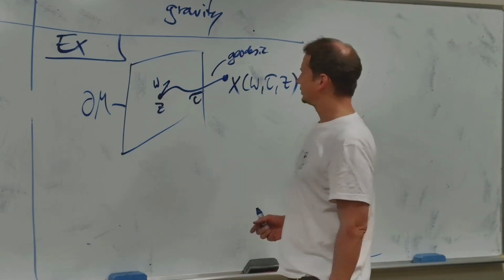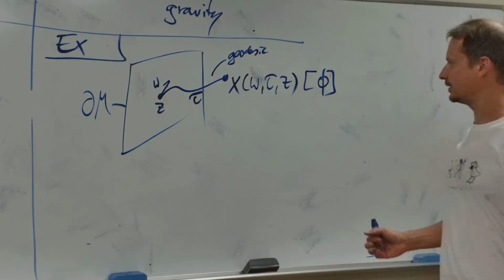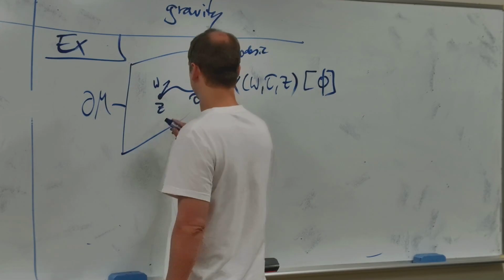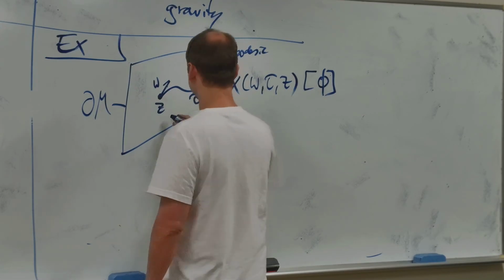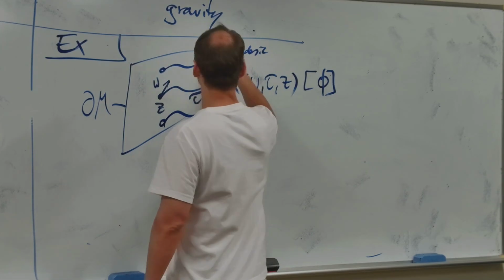Now, people usually just look at single geodesics, but really what you should be doing is looking at a whole congruence of them. It's going to be a disaster if I draw them all, but I hope you get the idea.